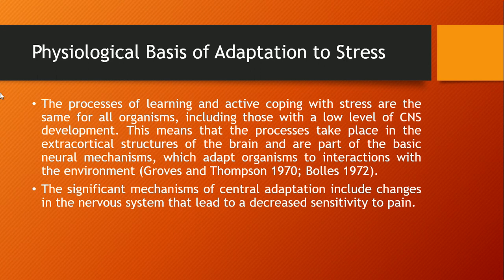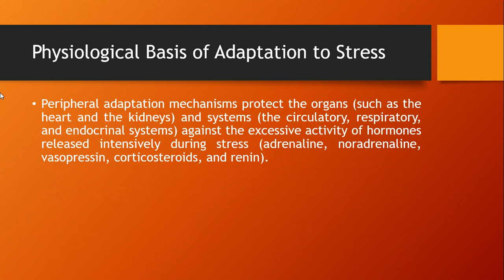So the significant mechanisms of central adaptation include changes in the nervous system that lead to a decreased sensitivity to pain. Peripheral adaptation mechanisms protect the organs such as the heart and the kidneys and the systems, the circulatory, respiratory, and endocrine systems, against the excessive activity of hormones released intensively during stress, such as adrenaline, noradrenaline, vasopressin, corticosteroids, and renin.